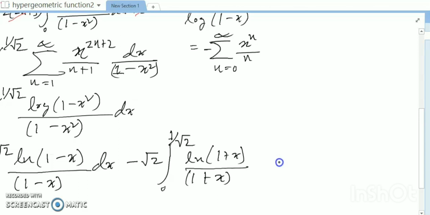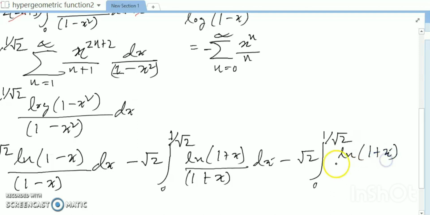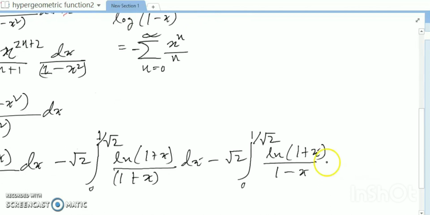So this way I can write dx minus root 2 from 0 to 1 by root 2, 1 plus x. Okay, you can also check my partial fraction, square 1 plus x square.